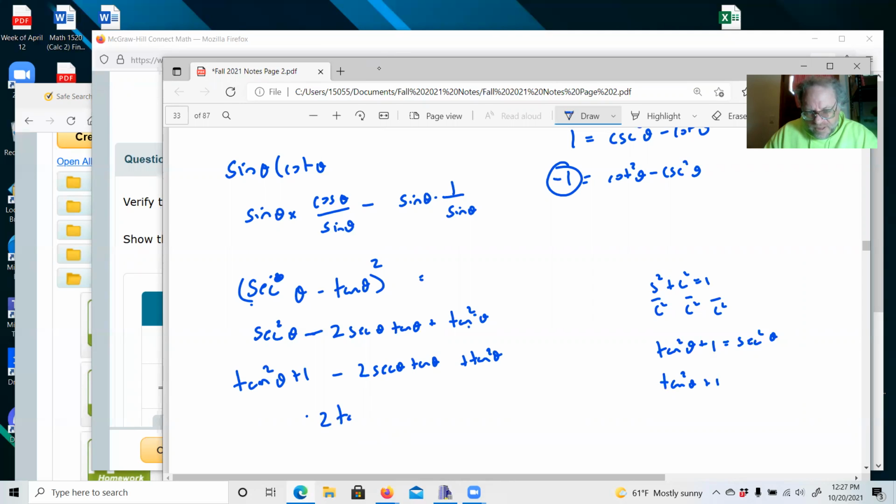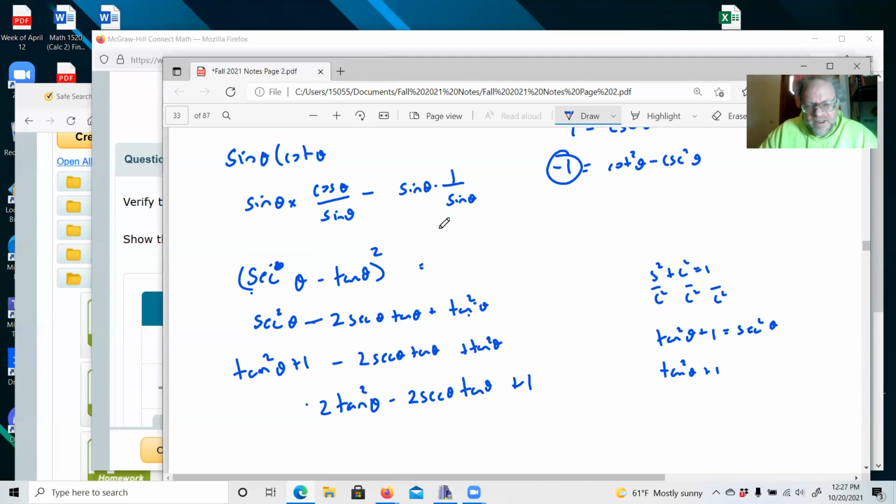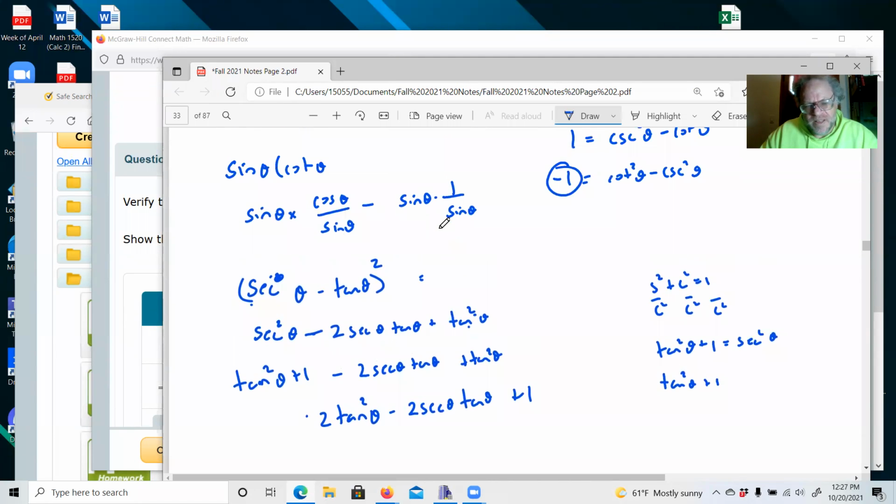I don't like where that's going either. Yeah, this is going to be kind of a pain. All right, that was a possibility. Okay, didn't go where I wanted it to go, but that's okay.